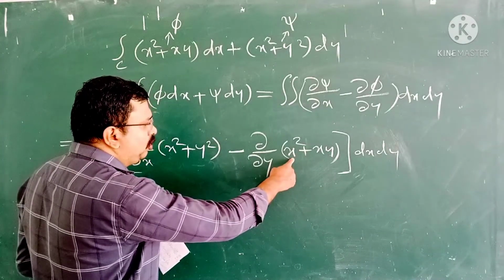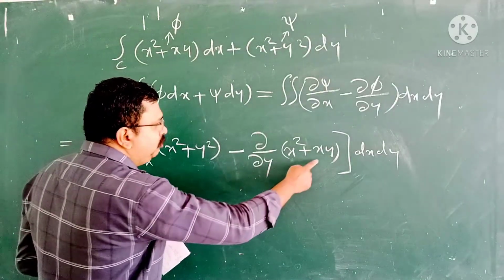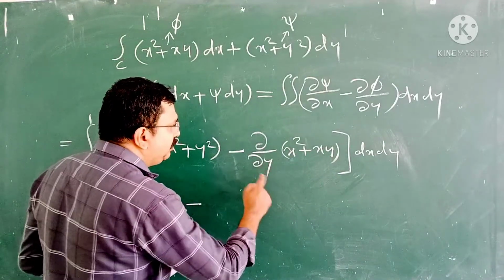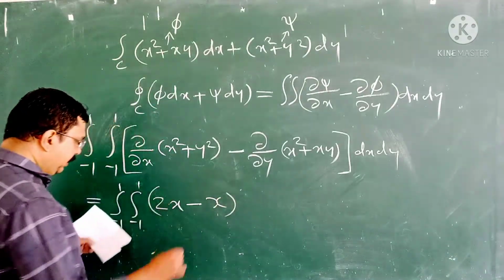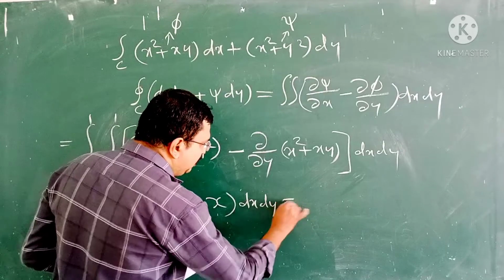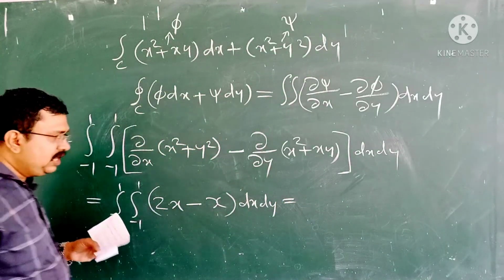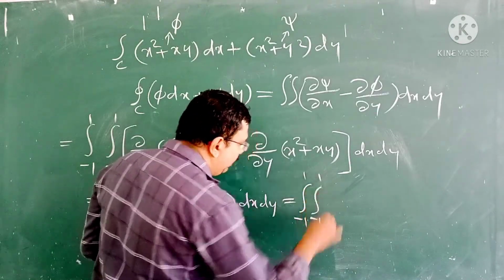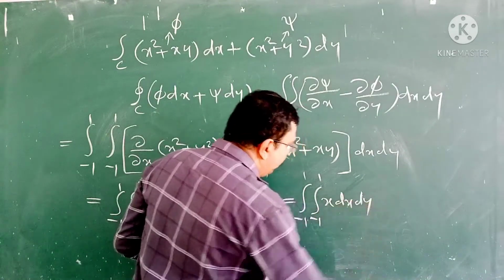Here x square is constant, so we find the derivative of x into y with respect to y, which becomes x, dx dy. That is equal to 2x minus x, which is x. Therefore this can be written as the integral from minus 1 to 1, minus 1 to 1, of x dx dy.